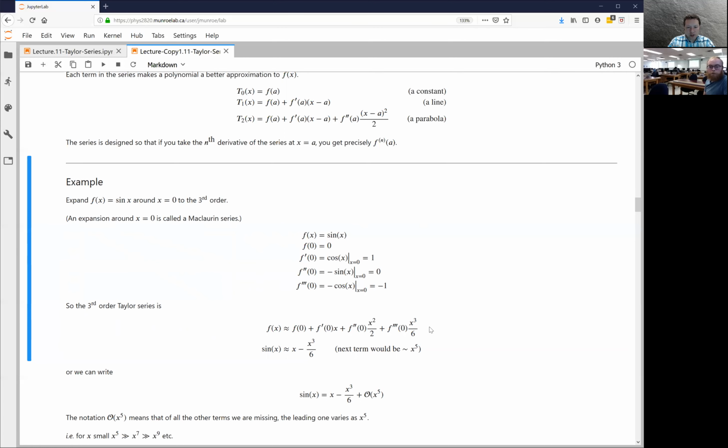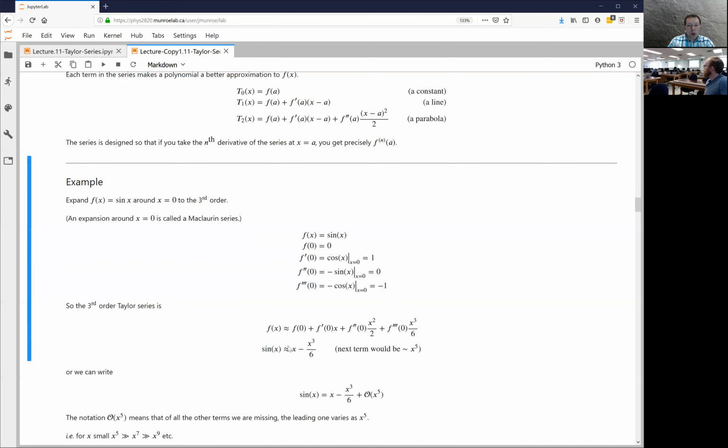The Taylor series for sine of x around x equals 0 is x minus x cubed over 6. This is the cubic approximation to sine of x. You could keep on going. You could get next to the 5th term and next to the 7th term all the way through. This particular kind of Taylor series is called a Maclaurin series because we're doing the expansion around x equals 0.